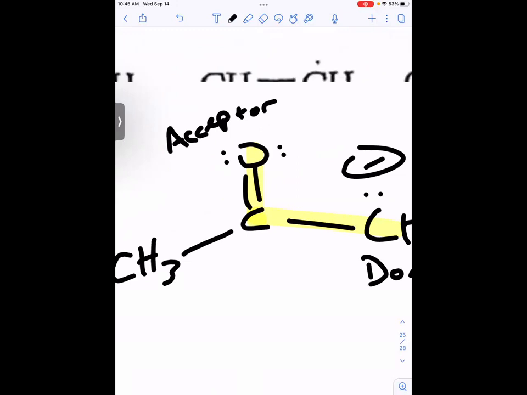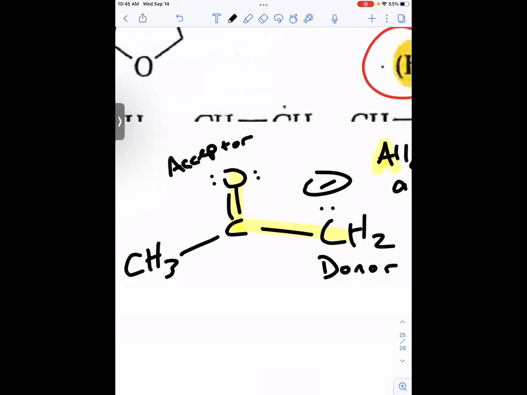I have a question. Go right ahead. Could you explain why the carbon would be the donor? I know it has the electron pair, but why is the oxygen the acceptor, even though it has a higher electronegativity? Well, you just answered it. It wants more electrons because it's more electronegative, but it's not necessarily the oxygen that's the acceptor.